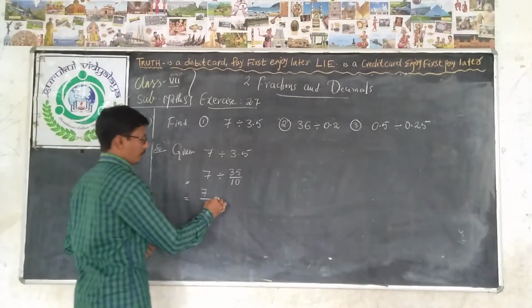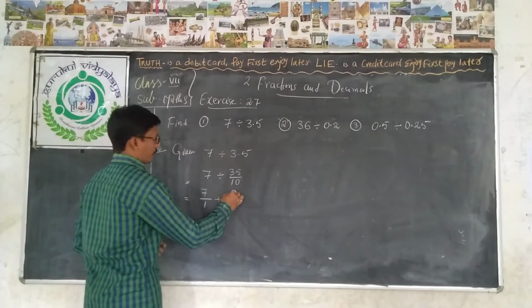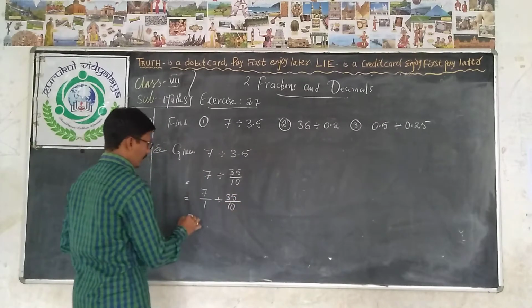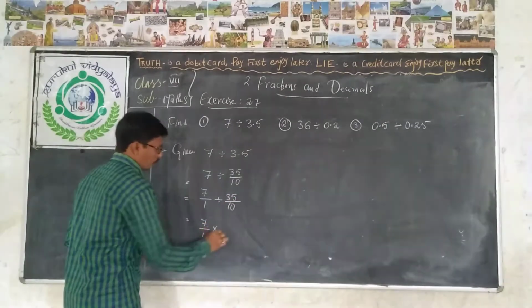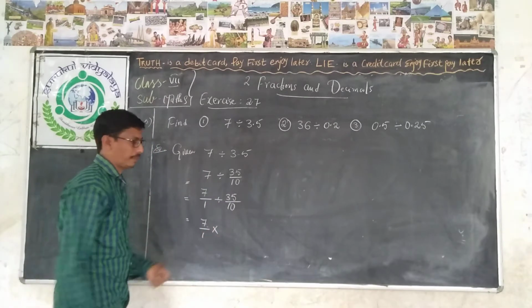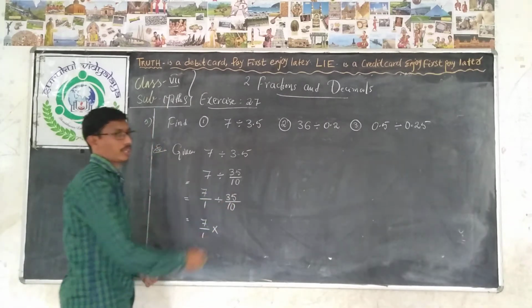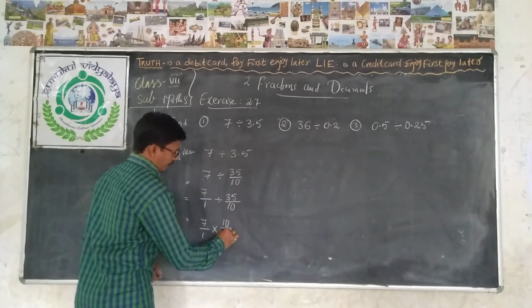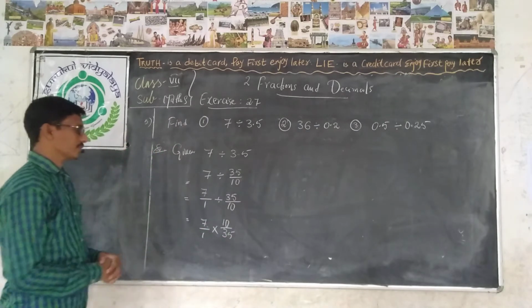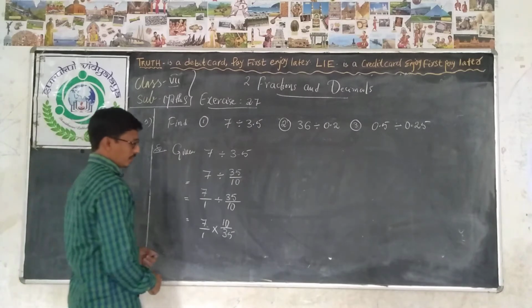Yes, not at all a problem. 7 by 1 divided by 35 by 10. Now we convert the division into multiplication: 7 by 1 into the reciprocal of 35 by 10, which is 10 by 35. Okay.